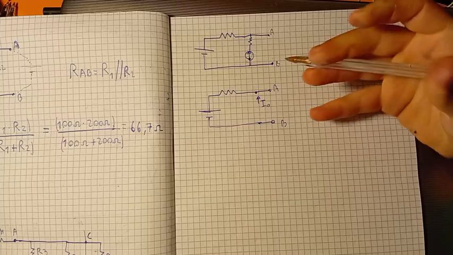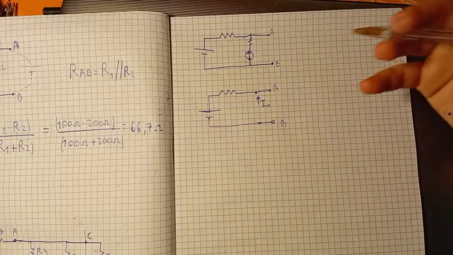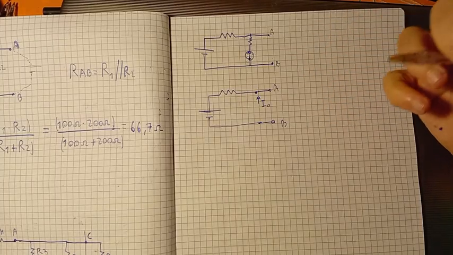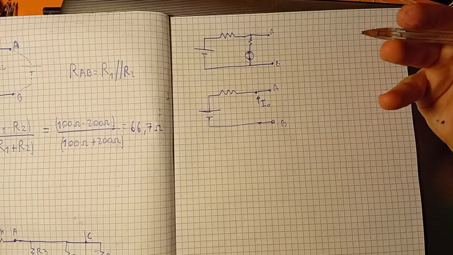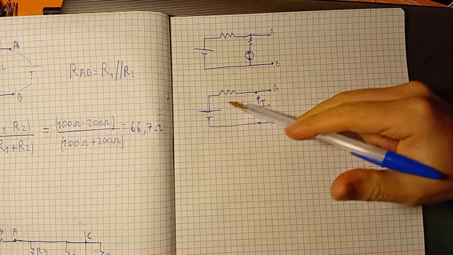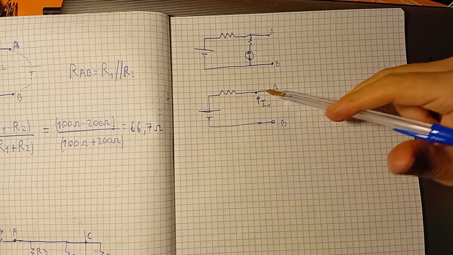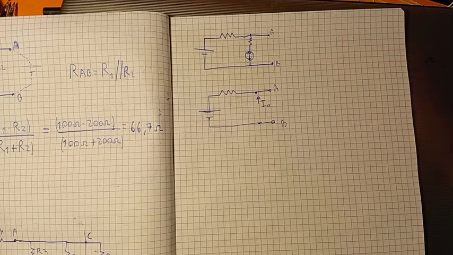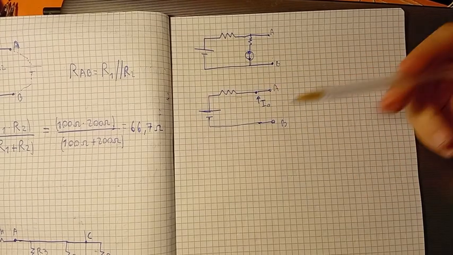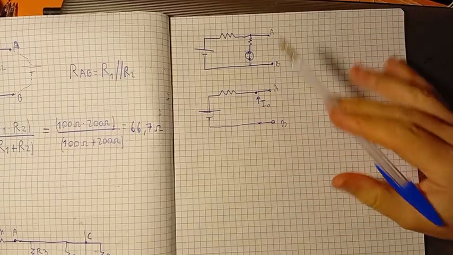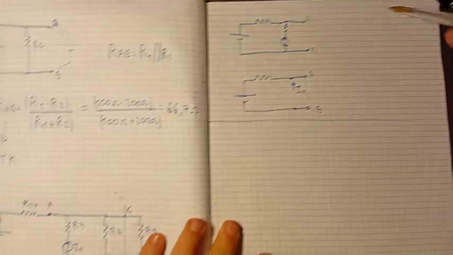It is still possible to calculate something, but I prefer to avoid this situation, okay? Because we have this, and where does this current go? Apparently nowhere. So it is better to avoid this situation. So let's not do this.